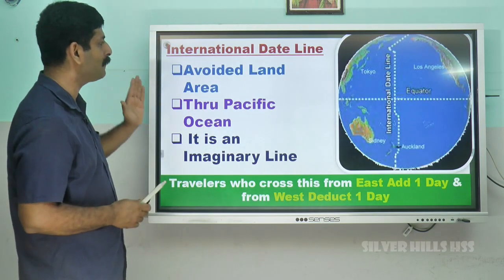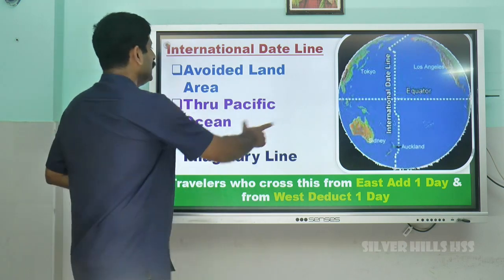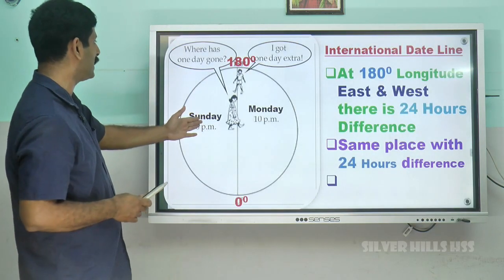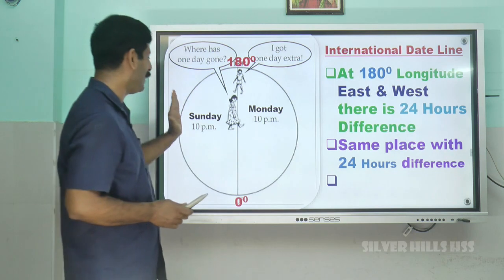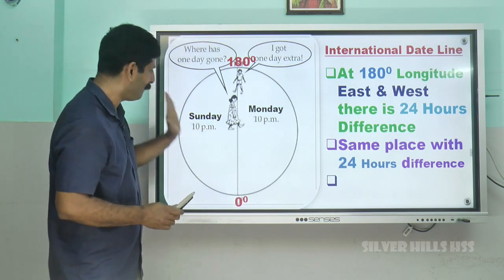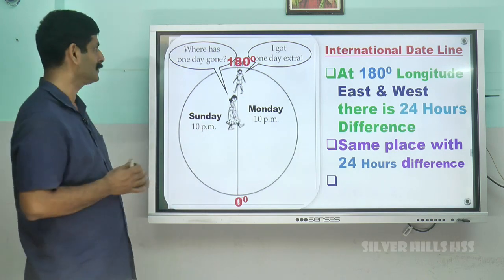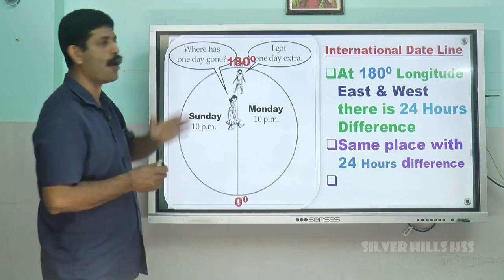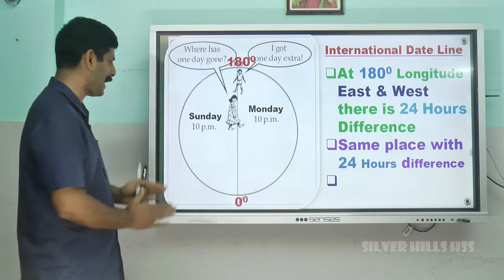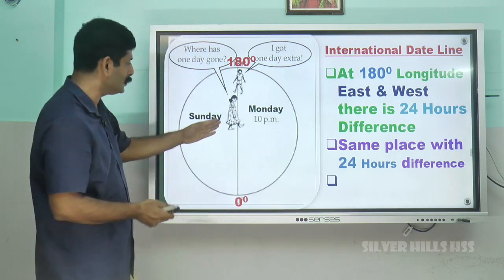While we are moving from west to east or east to west, there are some problems. Where has one day gone? When we are moving from west to east, we will lose one day.